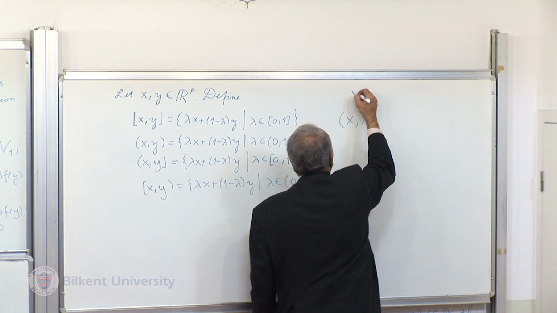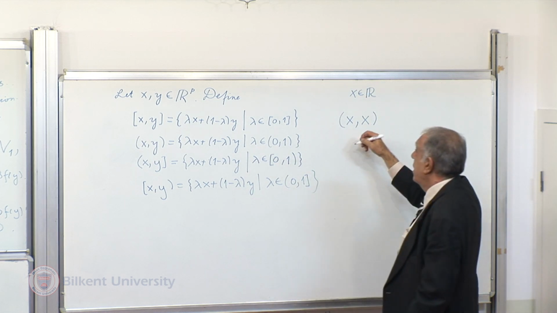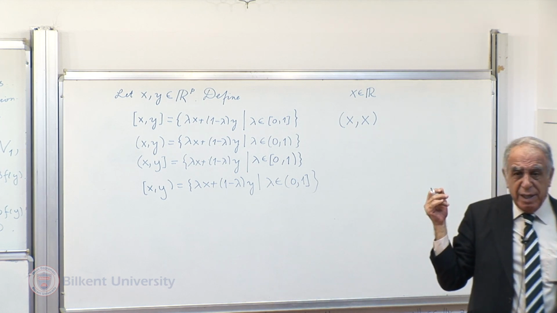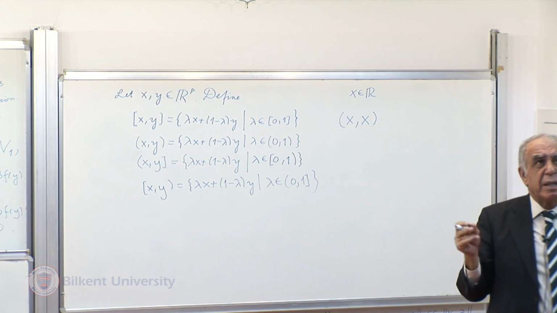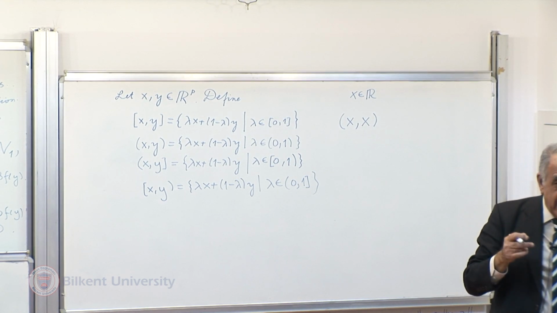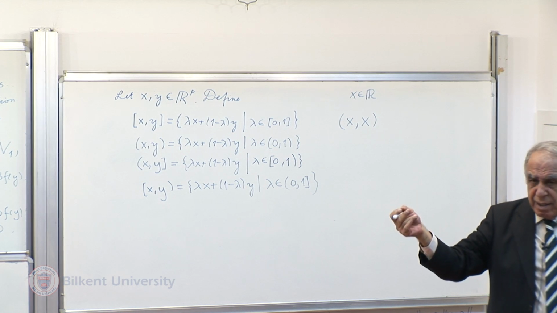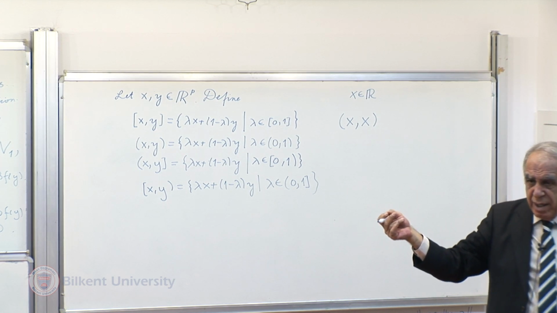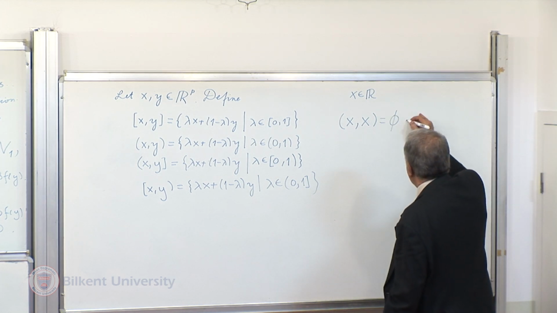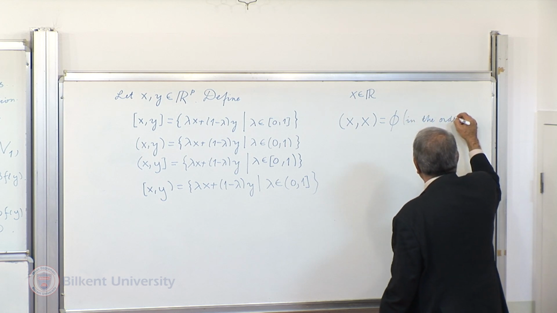If I take x in R, and if this is in the usual sense, in the previous sense, what does that mean? That means the set of all real numbers y, such that x is less than y and y is less than x. Is there some such y? No. This is in the order structural sense.